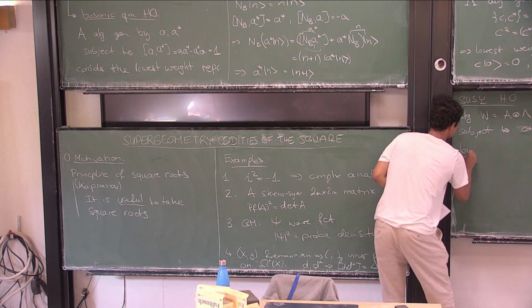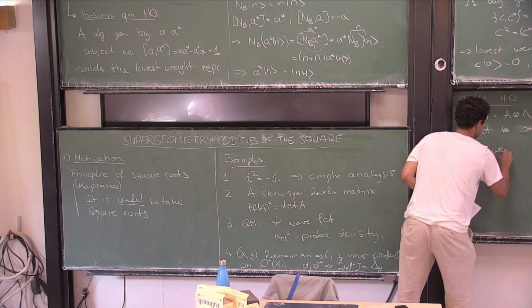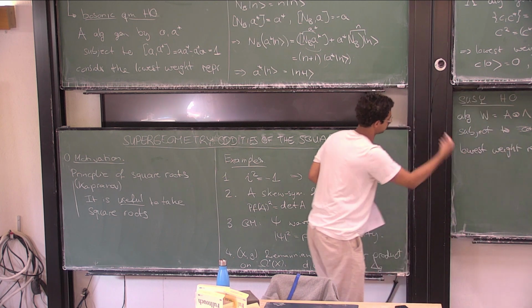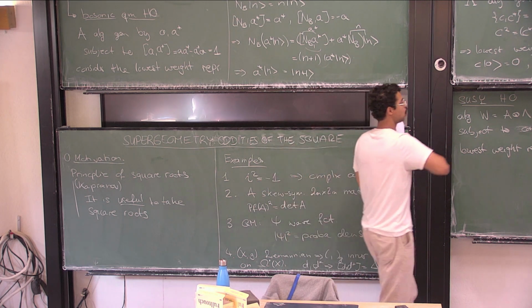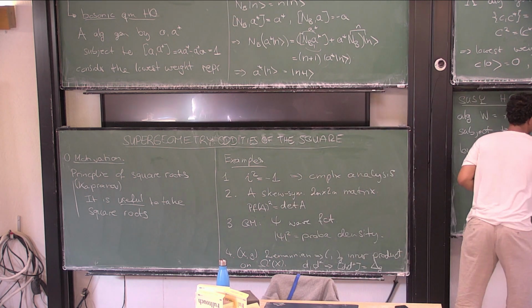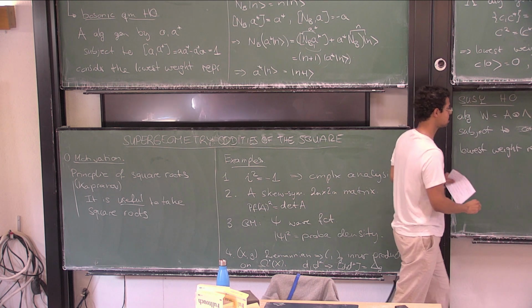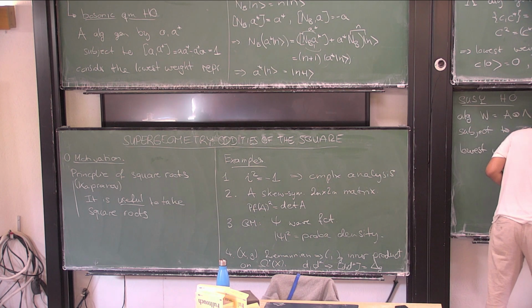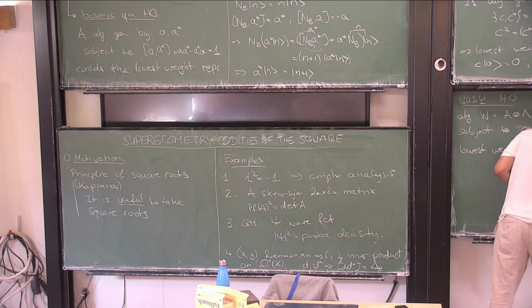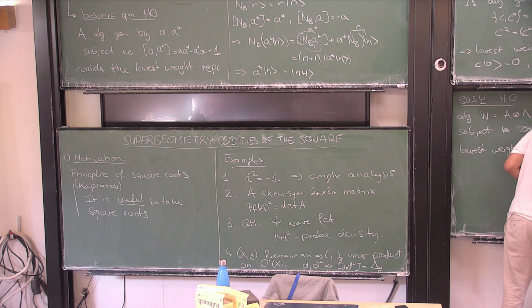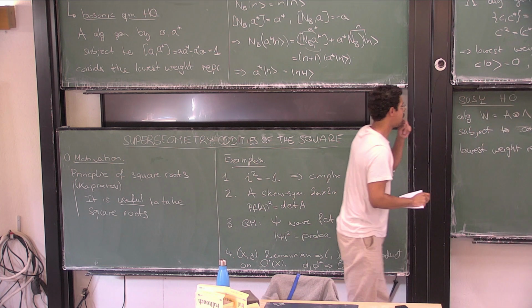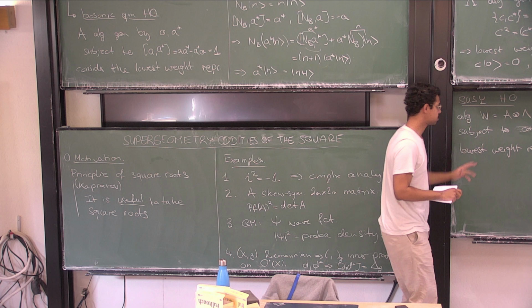Then, again, let's start with the lowest weight representation. We're actually going to study a lowest weight representation for all of it. So we will have the state 0, the vacuum, such that it's annihilated by C and by A. So nothing is occupying it at all. I just want to say one thing because I will mess it up.